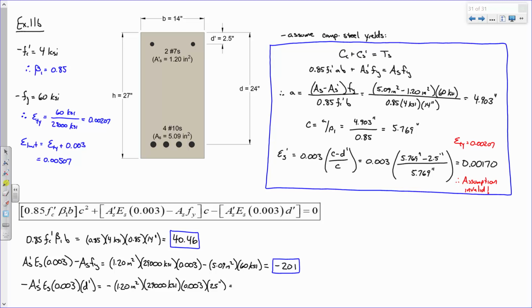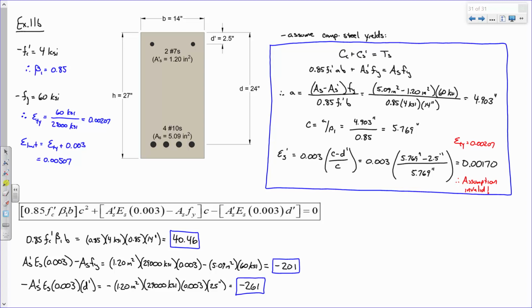So do I have an answer for this one? 261. 261, is it negative or positive? Negative. This is what I'm talking about. Keep track of the signs here, okay? This is negative 261. Everybody see what I'm doing here?